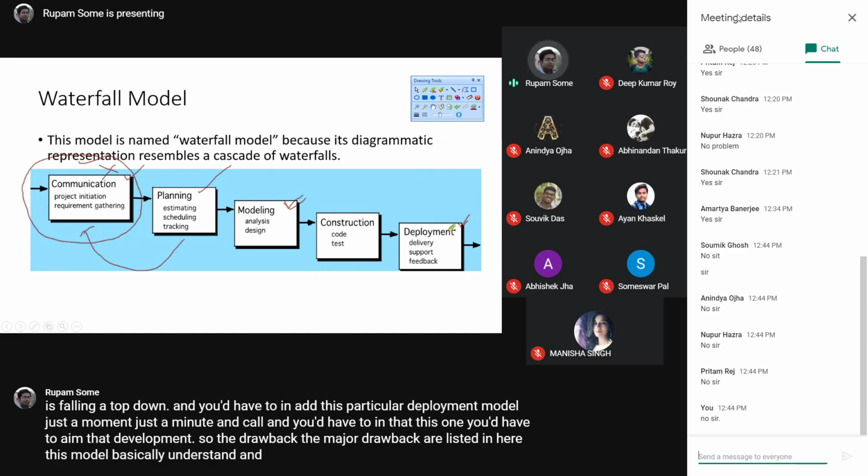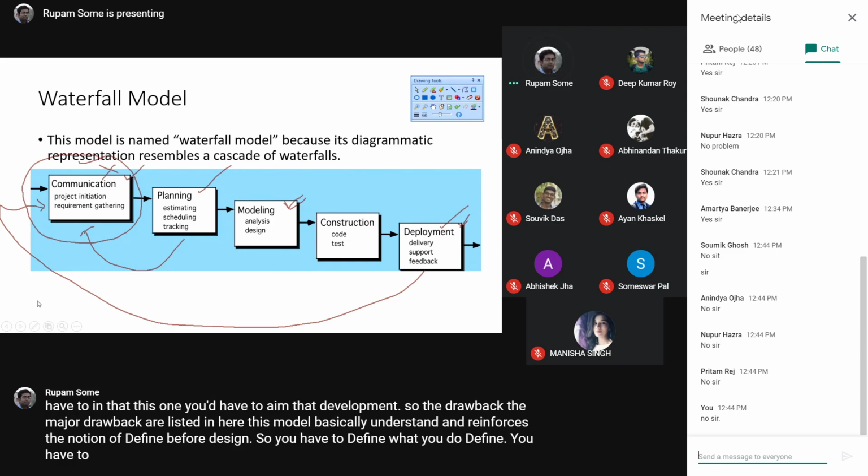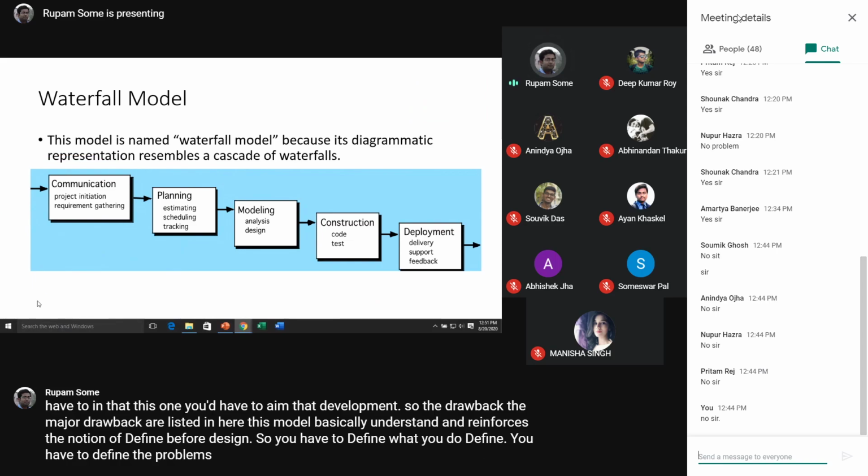So once you deploy the first version of software, then only you can consider the requirement, and again you will be starting from the beginning. Okay, that is time consuming and unrealistic too. So freezing one phase before you are starting the job for the next phase is a constraint for waterfall model. You will not be able to backtrack.